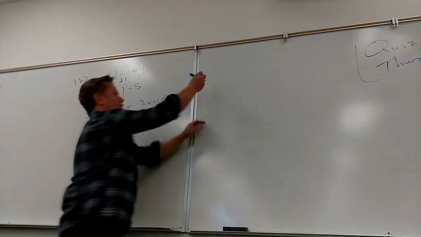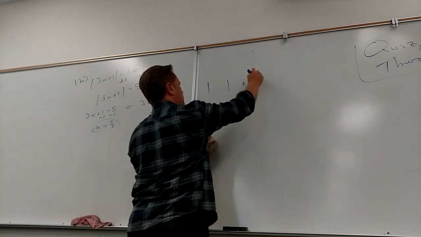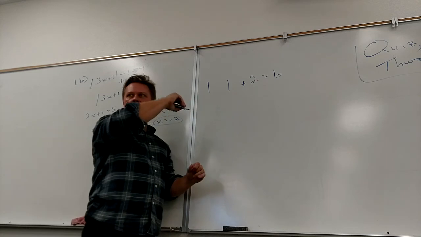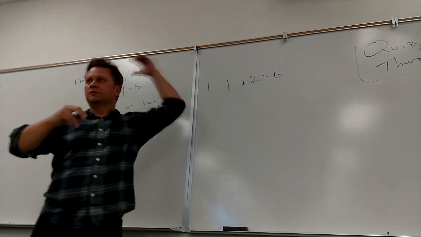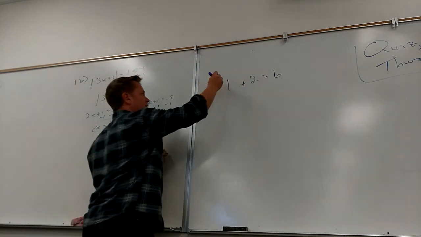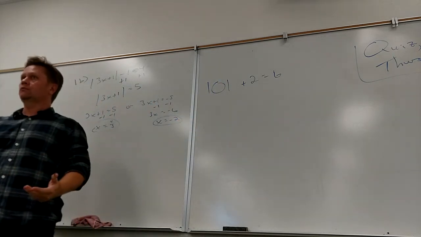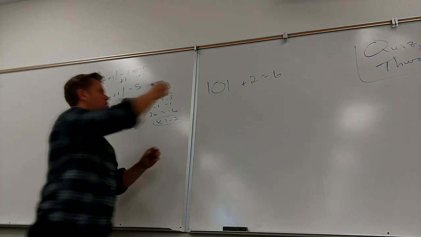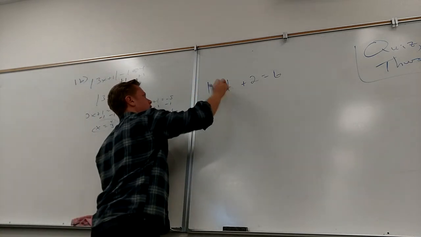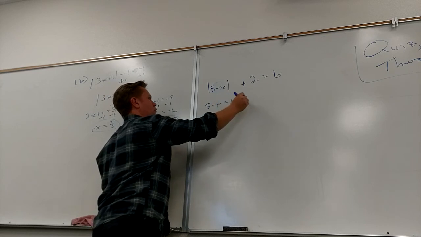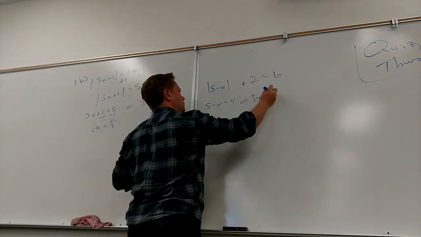So, I mean, if I said the absolute value of something plus 2 is 6. Well, what plus 2 is 6? 4. So then whatever's in here has to either be 4 or -4. So if there was a 5 minus x in there, well, okay, 5 minus x has to be 4, or 5 minus x has to be -4.